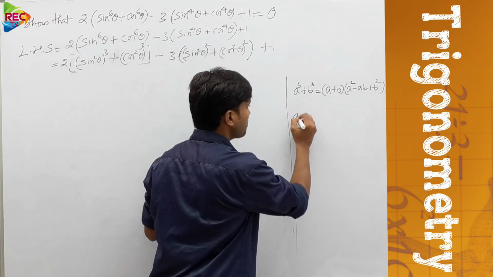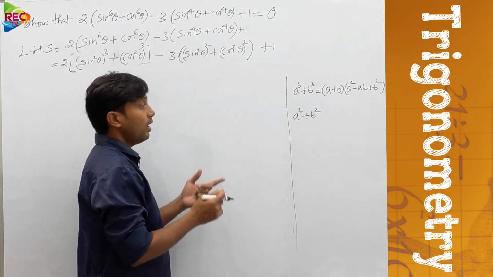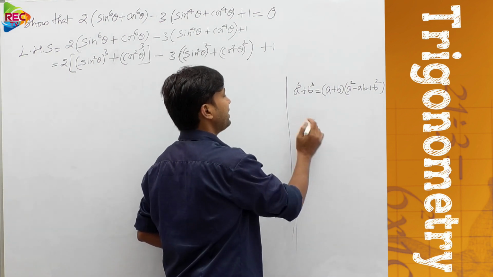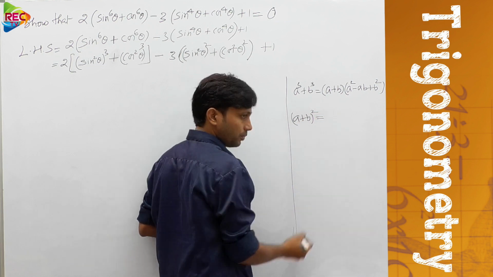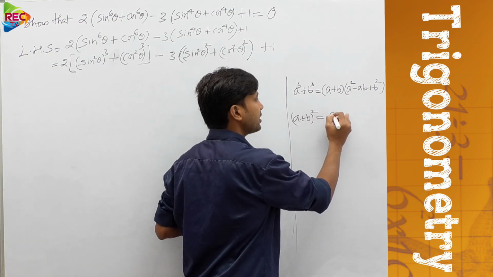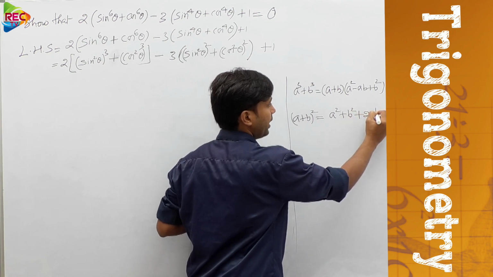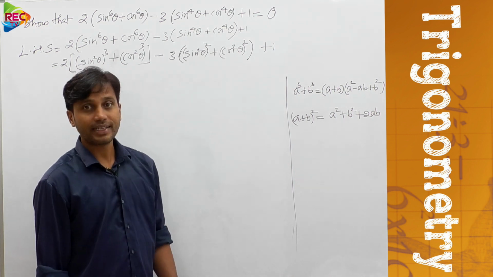Now how can we write A square plus B square? Let me take the formula that A plus B whole square equals A square plus B square plus 2AB.